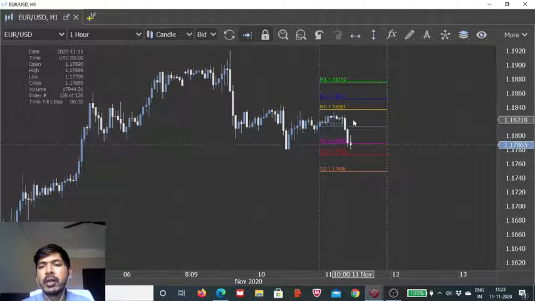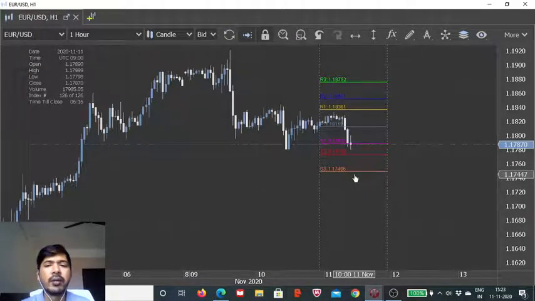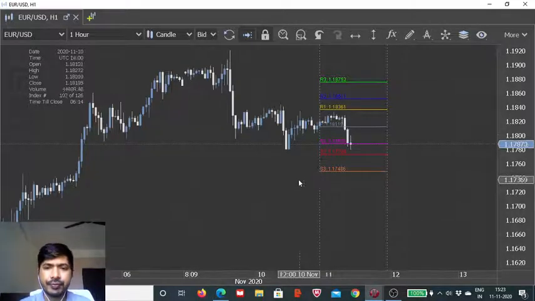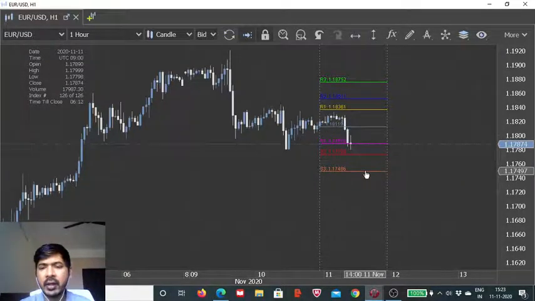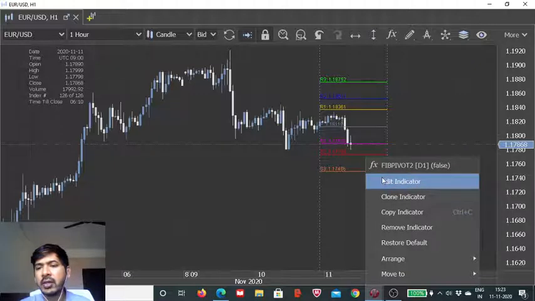Mostly the turnaround is expected around this level, but if the turnaround doesn't really happen and if we get a fresh break beyond these key levels, that means the underlying momentum is fairly strong, and it's better to either sit on the sidelines or play with the trend rather than trying to hope for the inversion or reversion of the momentum. We can customize this indicator. We can change the time horizon.